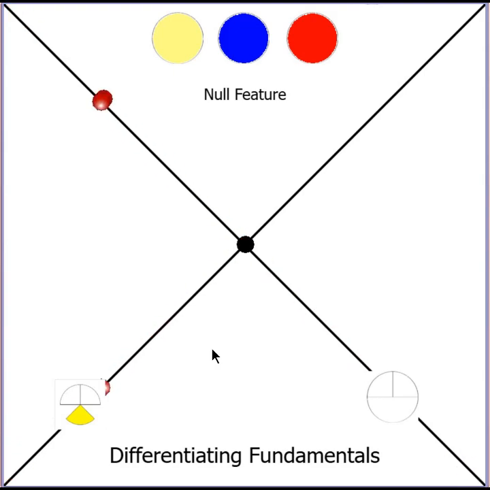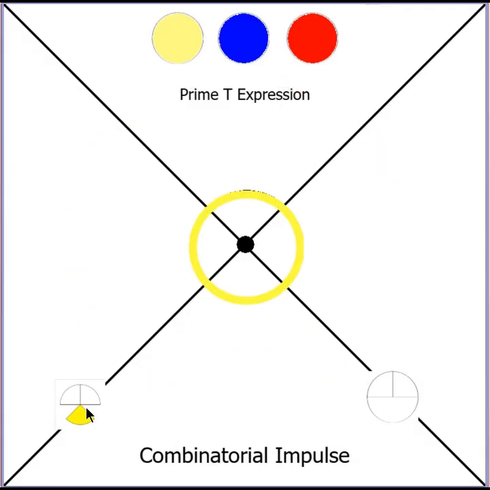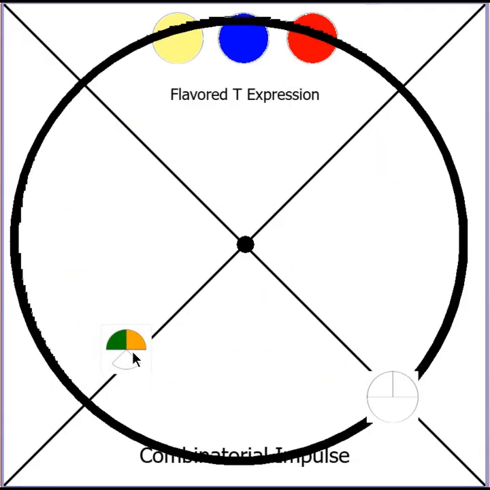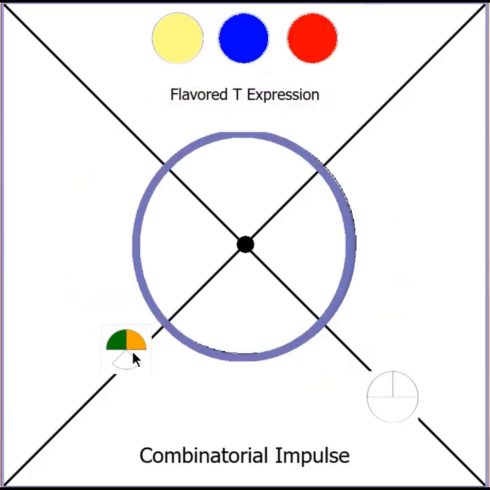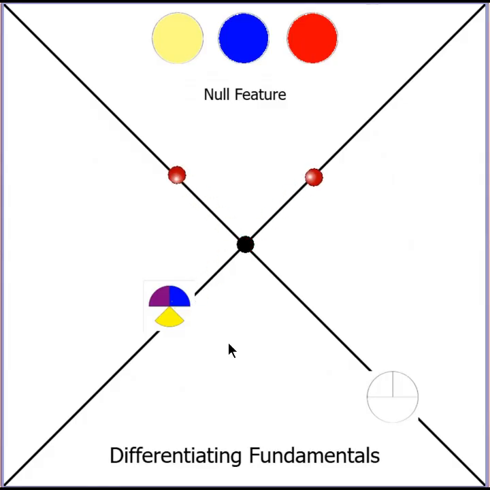The distinguishing features of the T and V fundamentals are then expressed as properties of the phenomenal T and V RFundamentals. These include the prime, flavored, and generic expressions.